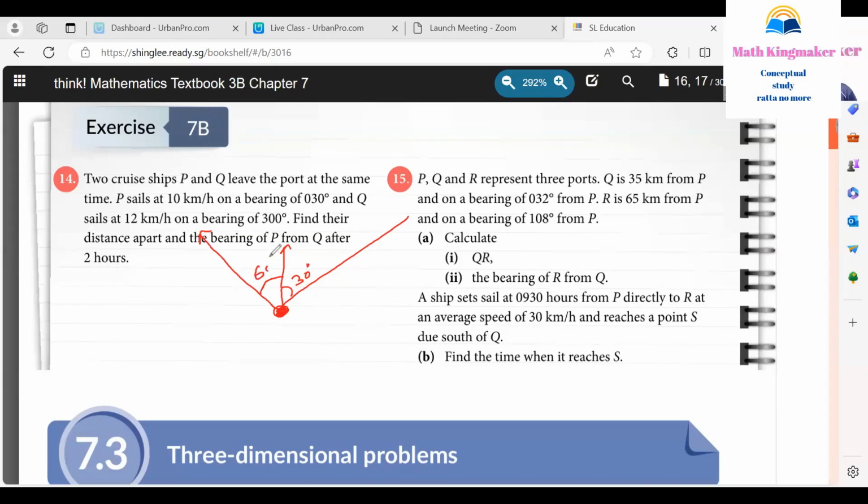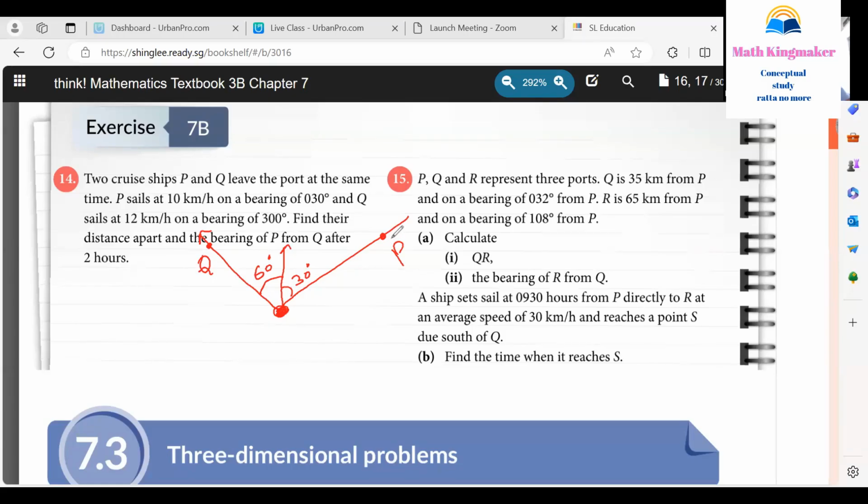Let us say this is P, this is Q. Find the distance apart and the bearing of P from Q after 2 hours. How much distance will it travel in 2 hours if it is going at 10 km/h, this P boat?